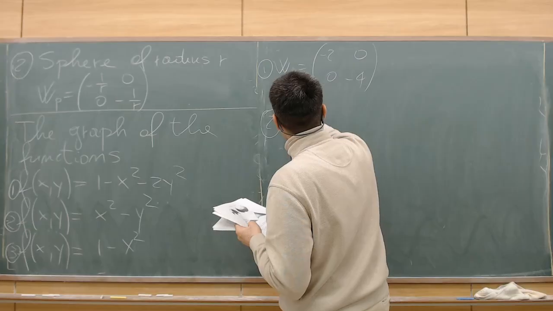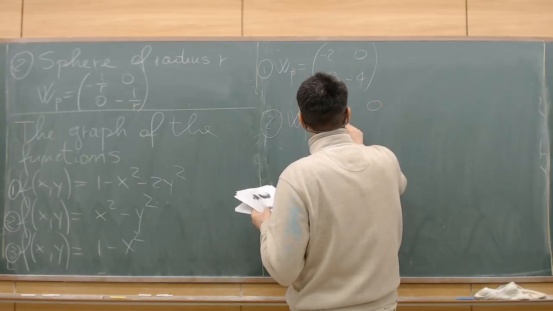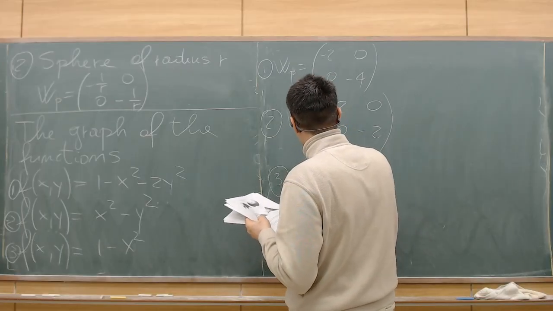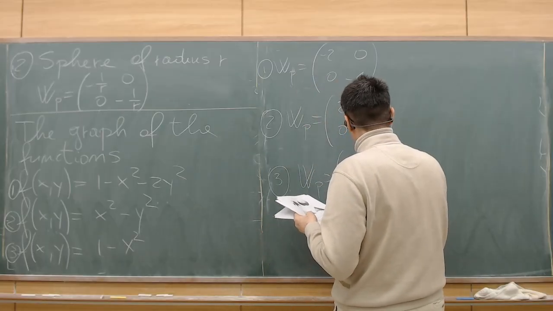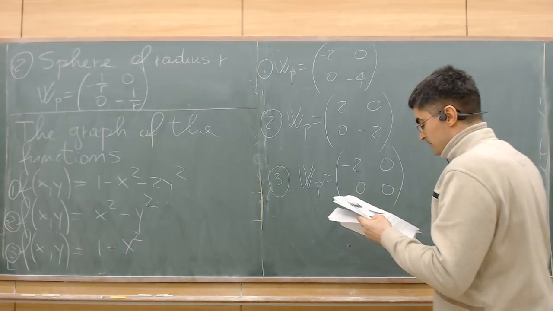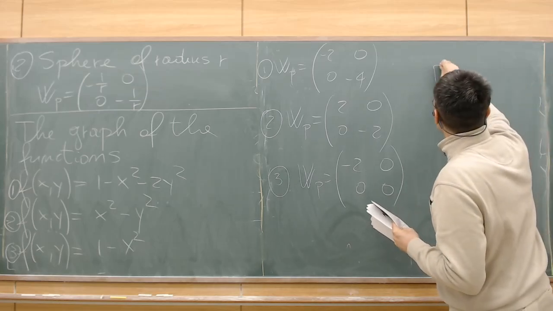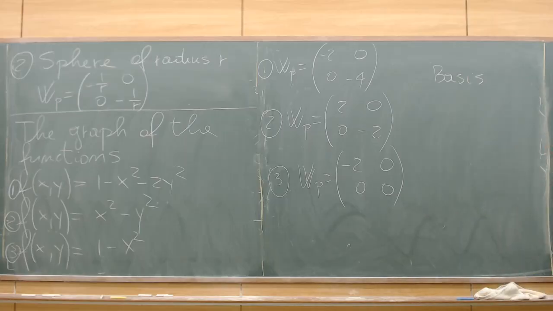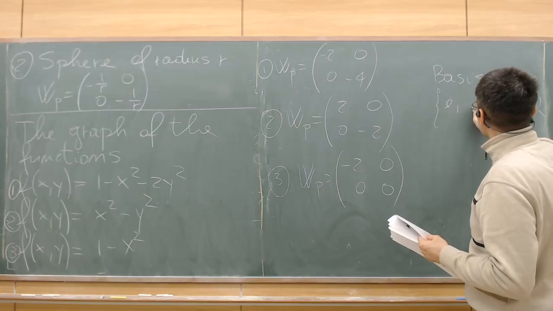For the second one, we had 2, 0, 0, minus 2, and in this case, the basis was E1, E2.